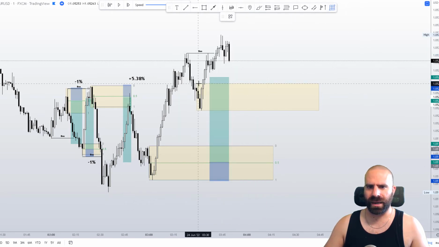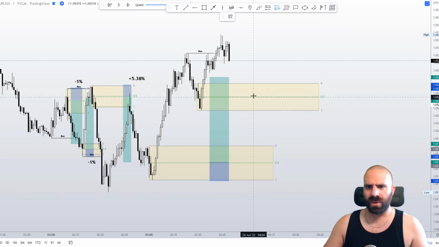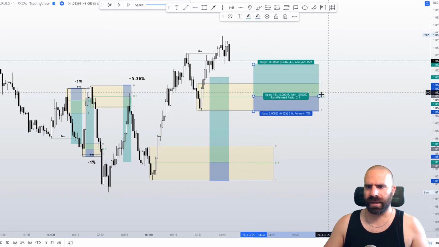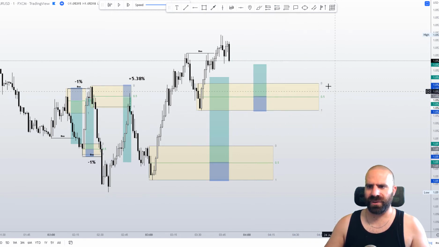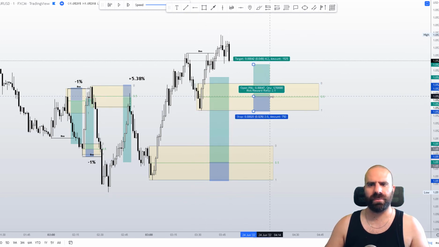We are taking the gun box, we are using it, and we can see the 50% over here. We are placing our pending order a little bit above. Again, in order to identify the 50% of this area, you can use whatever you want. You can do it with the Fibonacci tool as well. We do not care.